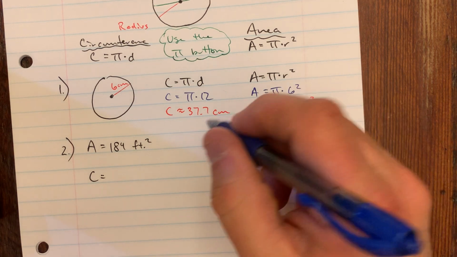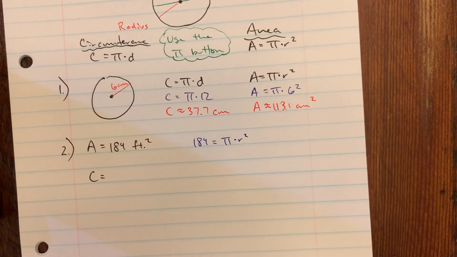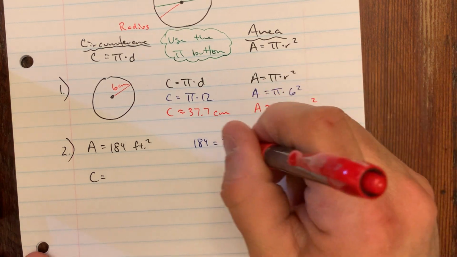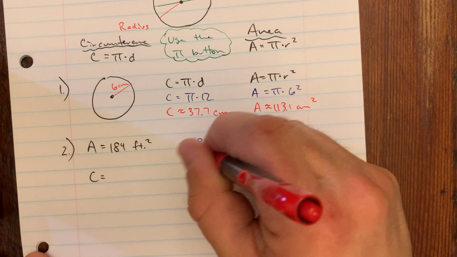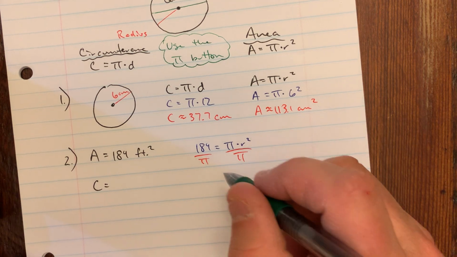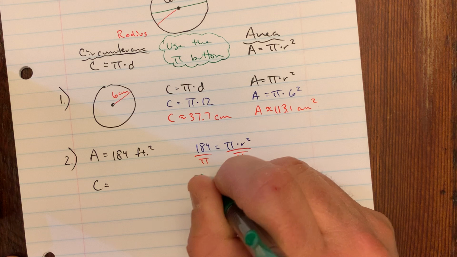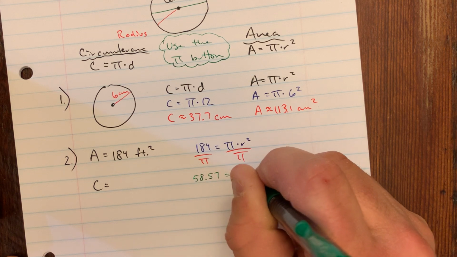So when I plug it in, it's going to be 184 equals pi times the radius squared. Like always, I want to get the variable by itself. So I need to divide by the coefficient, which in this example is just pi. When I divide by pi on both sides, I'm left with about 58.57 equals our radius squared.